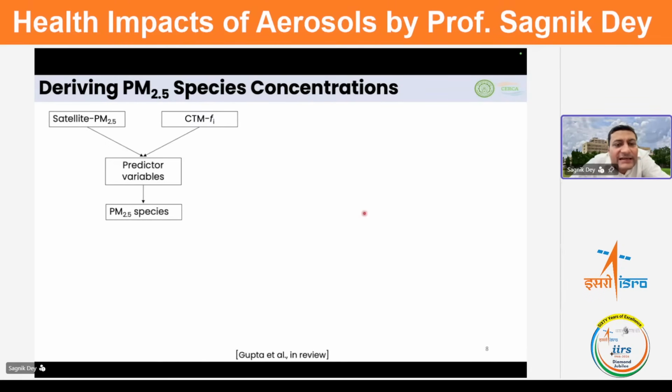So what we did, without going into too much detail, and this paper is now published in GeoHealth, is we ran a chemical transport model, and from the chemical transport model, we derived the black carbon mass concentrations. Then we calculated the mass fractions of black carbon. We also considered meteorology and other predictor variables. And then we trained a machine learning model to predict black carbon.